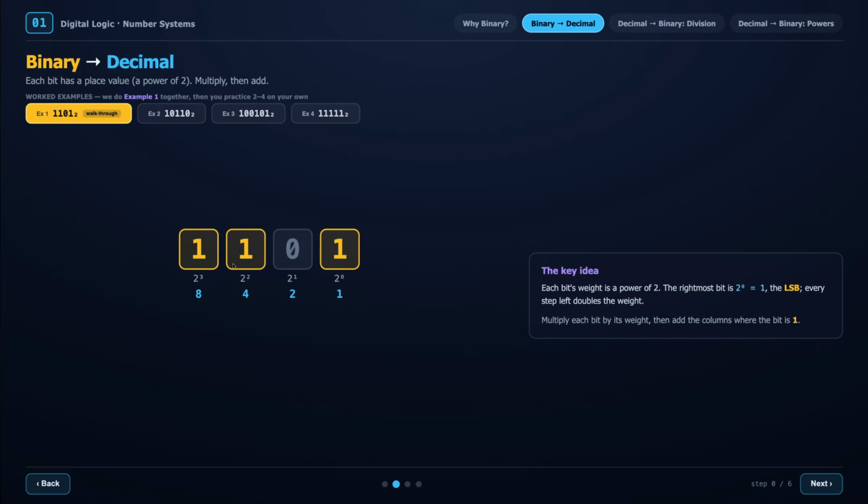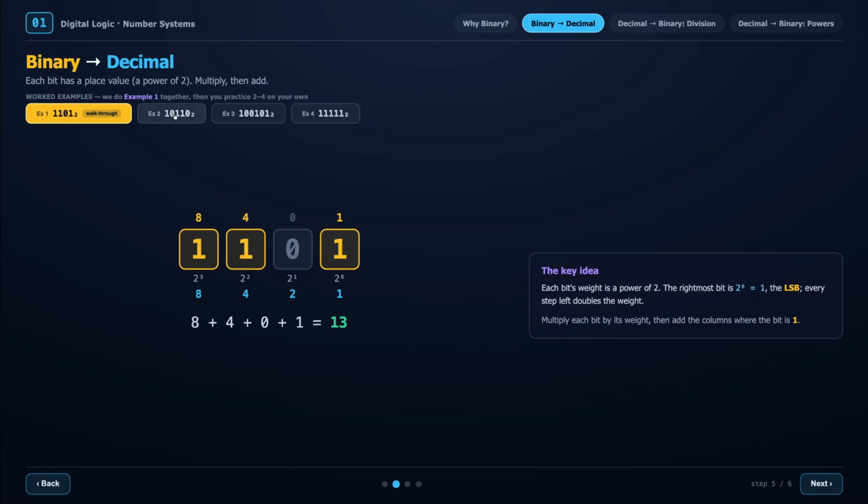So if I have 1101, then what I'm looking at is the addition of 8 in the most significant bit position with 4, followed by 0 times 2, so that's 0 contribution, and then 1 times 2 to the 0, which would be 1. So you add all those things together and you get the decimal equivalent of 13.